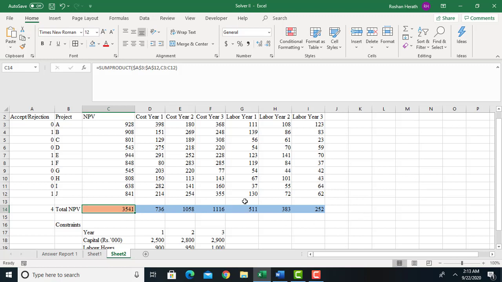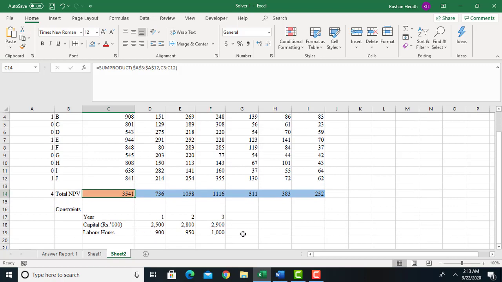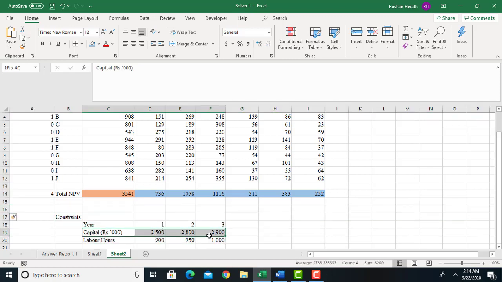So these are basically our constraints, right? Here we have this labor. In order to put this constraint in a more meaningful way, you can take this capital constraint a little above, and I might suggest taking that particular constraint somewhere over here, then it will give you some meaningful context.